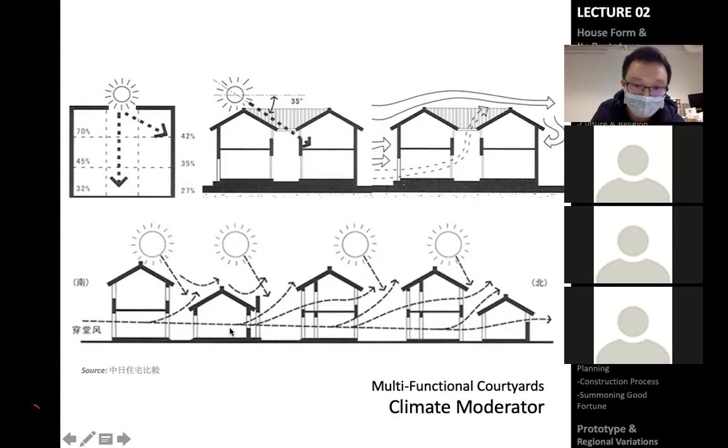In a multi-courtyard building like this, when you open up the doors, this natural cross ventilation can be greatly increased by the chimney effect. Therefore, if there were no courtyard, this chimney effect could never exist. So we consider the courtyard a climate moderator. And scientific research also shows that the courtyard really can create extra coolness during the summertime and warmth during the winter.